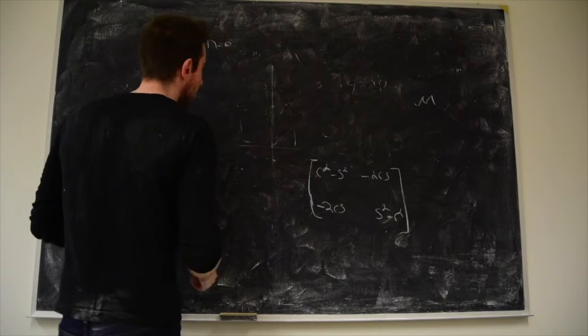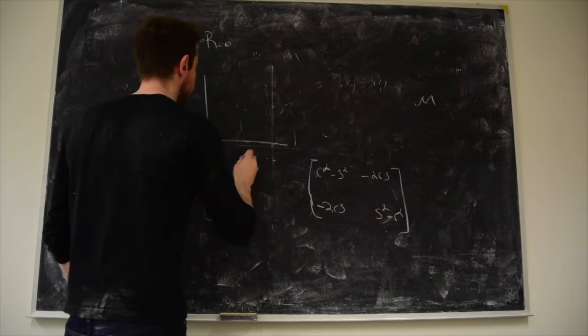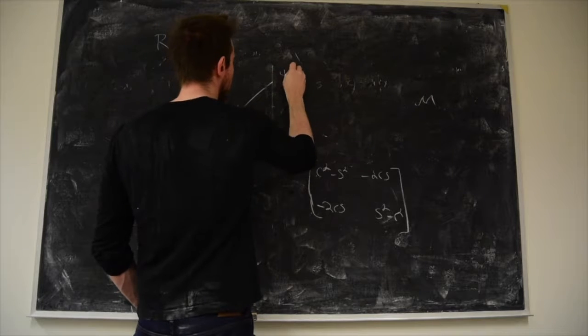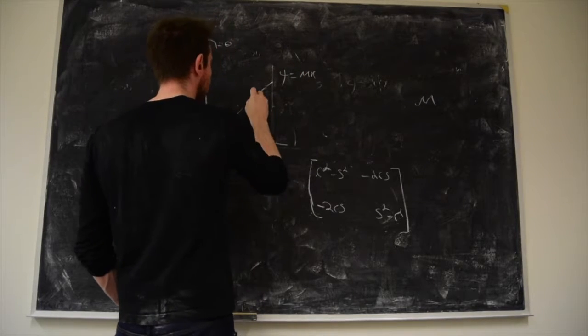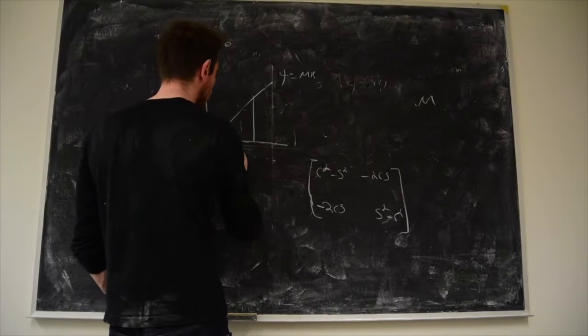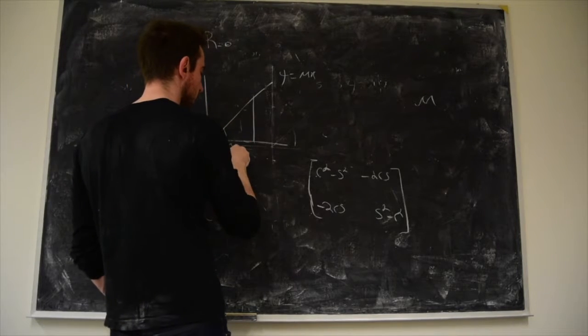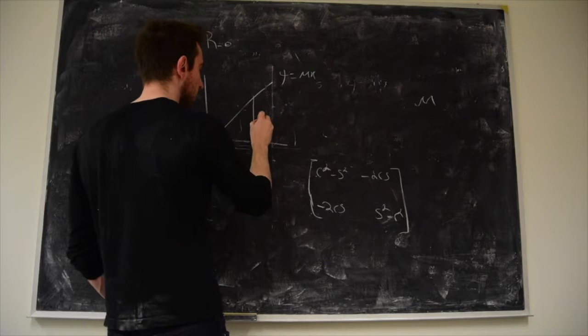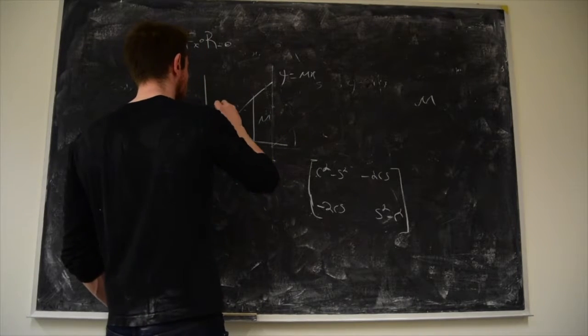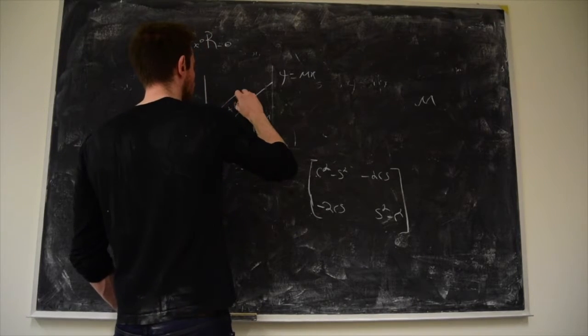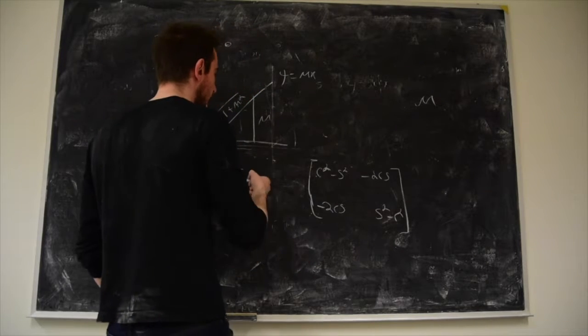We're going to take y is equal to mx, and I'm gonna go 1 across, this is theta, and this means that because this is the rise over the run, this will have to be m, and this will be root 1 plus m squared, right?